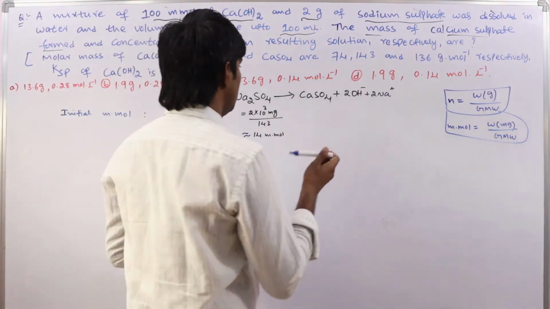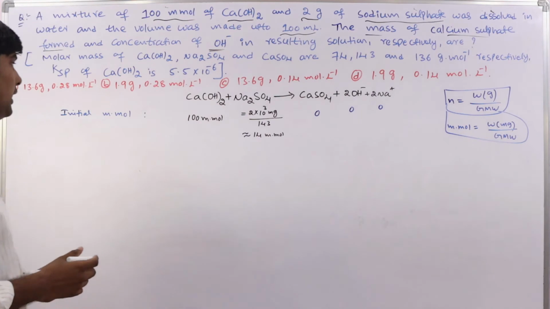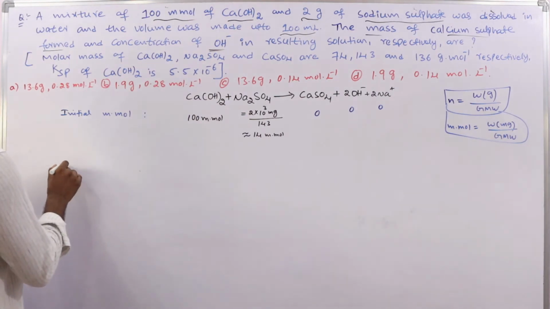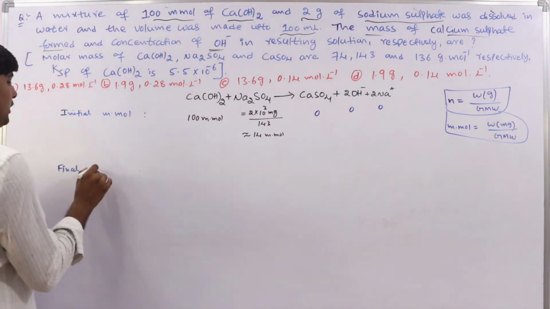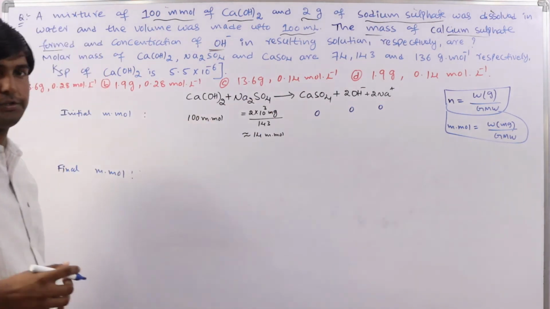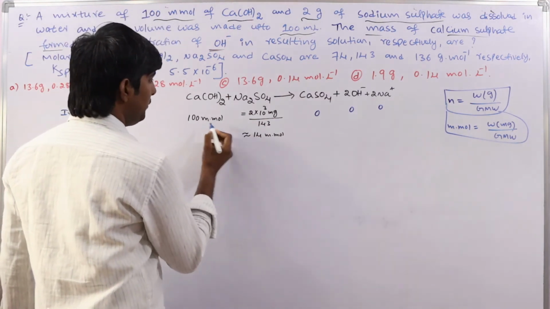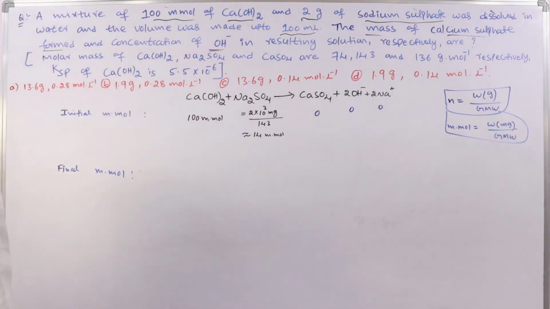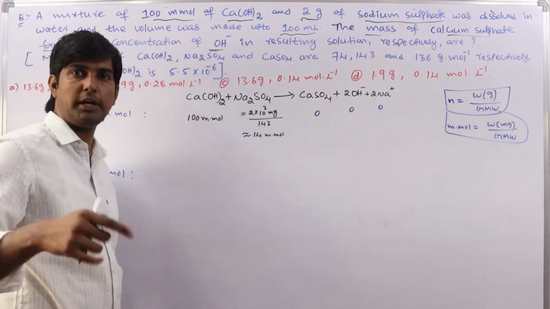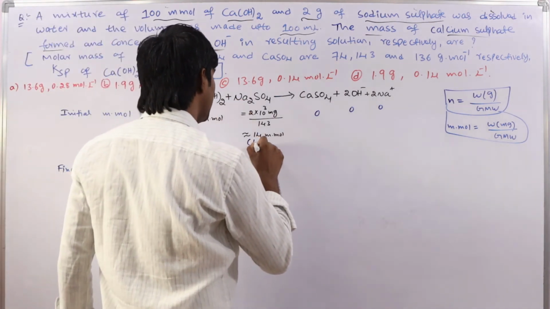And these are 0, they are not yet formed, so initially we are taking now. Final millimole means after finishing the reaction between these two. See here, this is 100 millimole, this is just 14 millimole. Both are reacting in 1:1 ratio, so this is the limiting reagent.